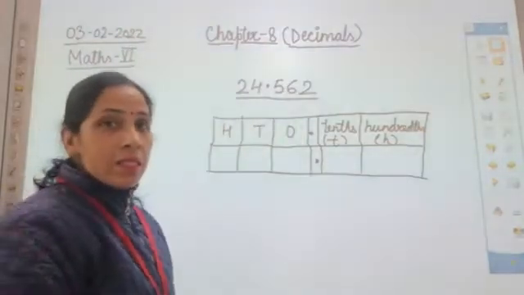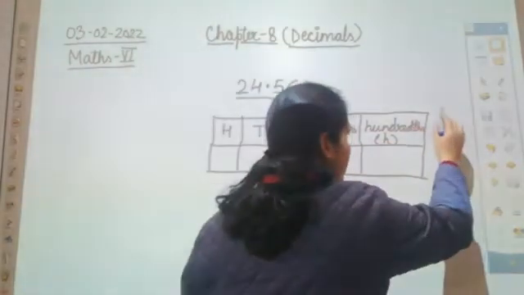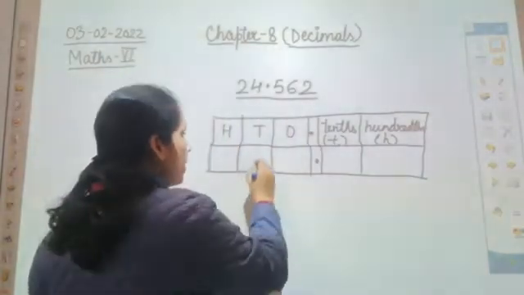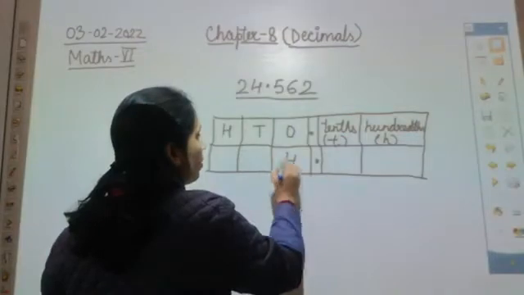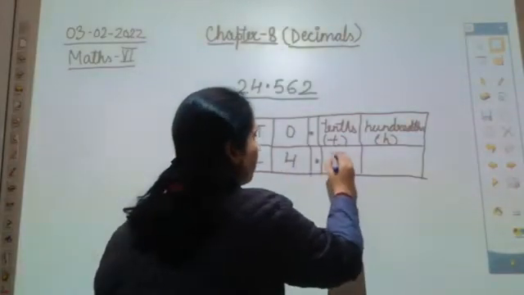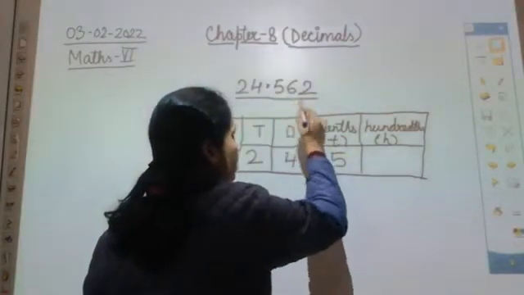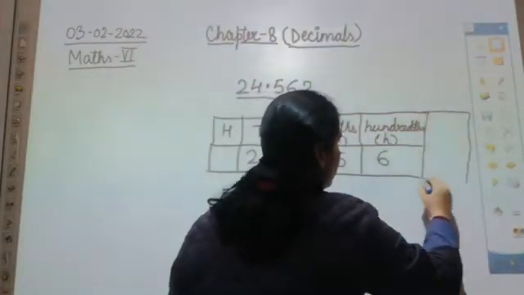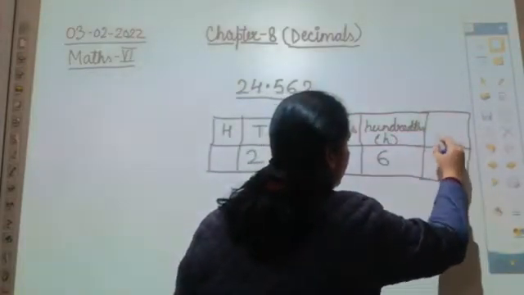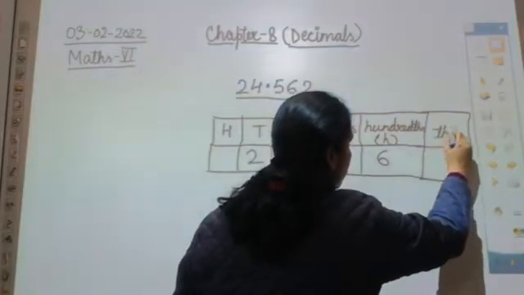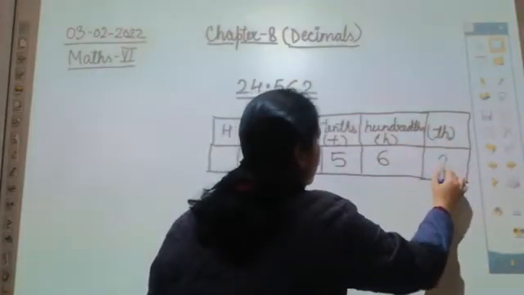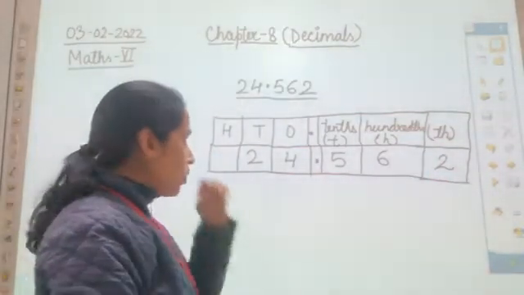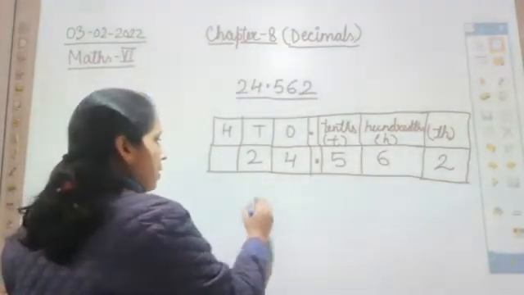Then thousandths, which will be denoted with small t, small h. So how are we going to write it? 2, 4, then the point, then 5 in tenths, 6 in hundredths, and the other one, 2 in thousandths, denoted with small t, small h. So what will be the place value here?